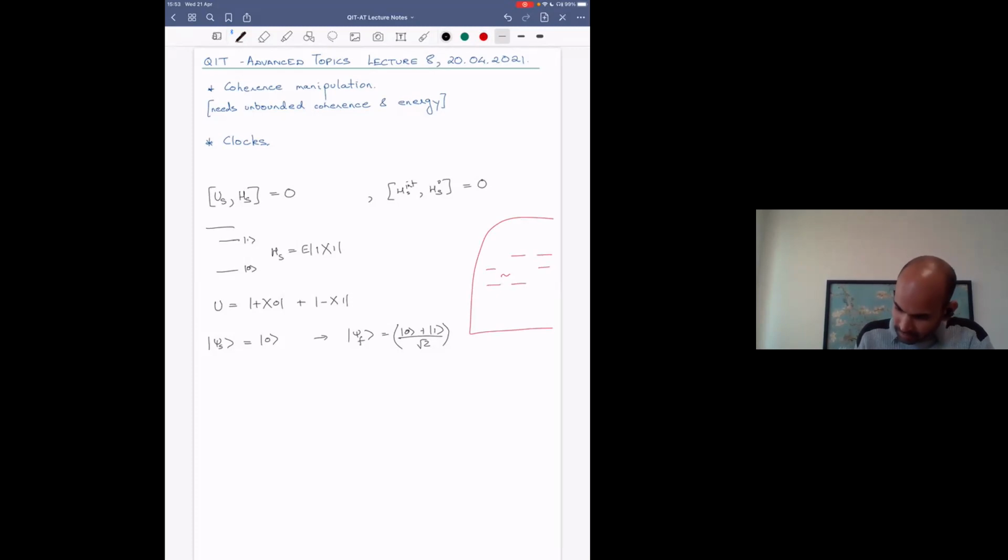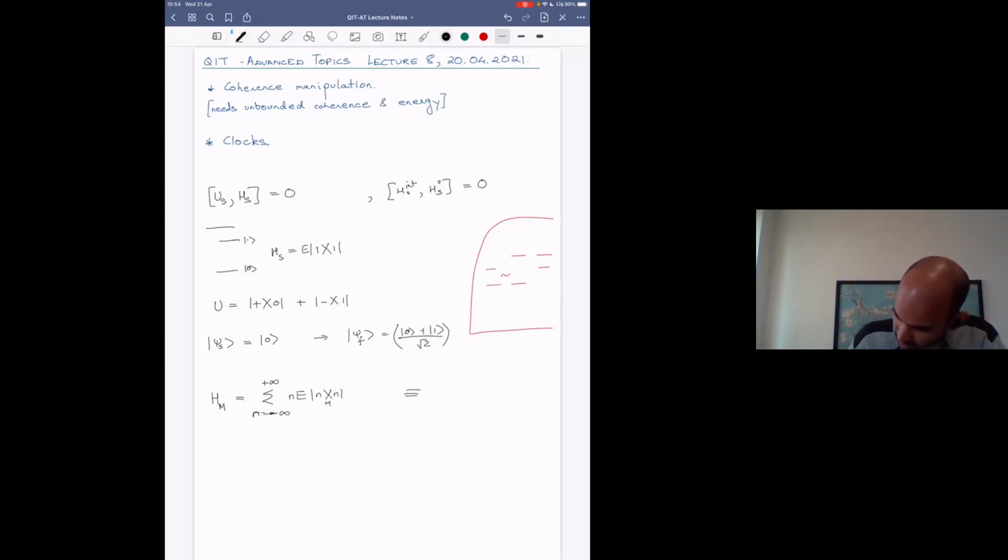So here we do something very similar. I add the following machine. My Hamiltonian of the machine is going to be just an unbounded ladder for now. It's minus the sum from n equals minus infinity to plus infinity of n times E, times the projector |n><n| on the machine.